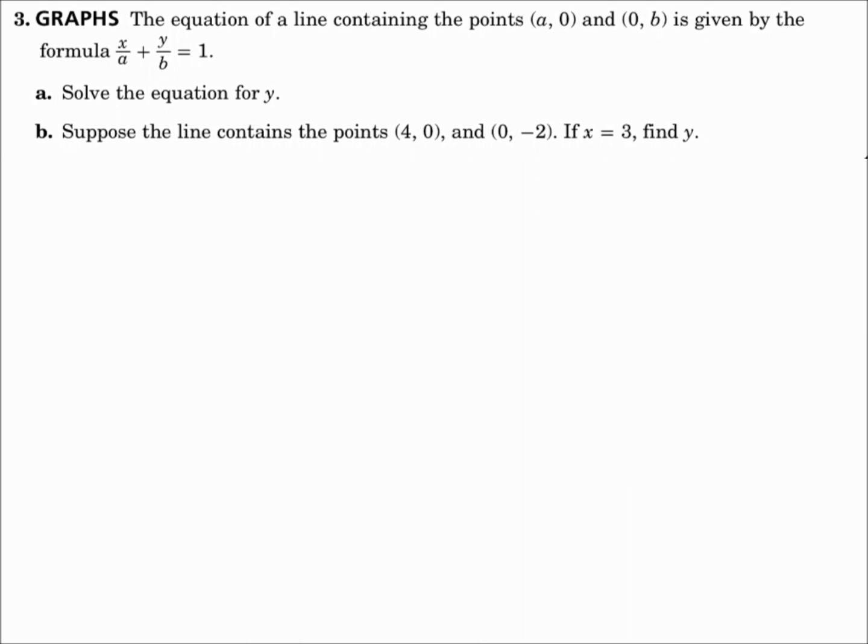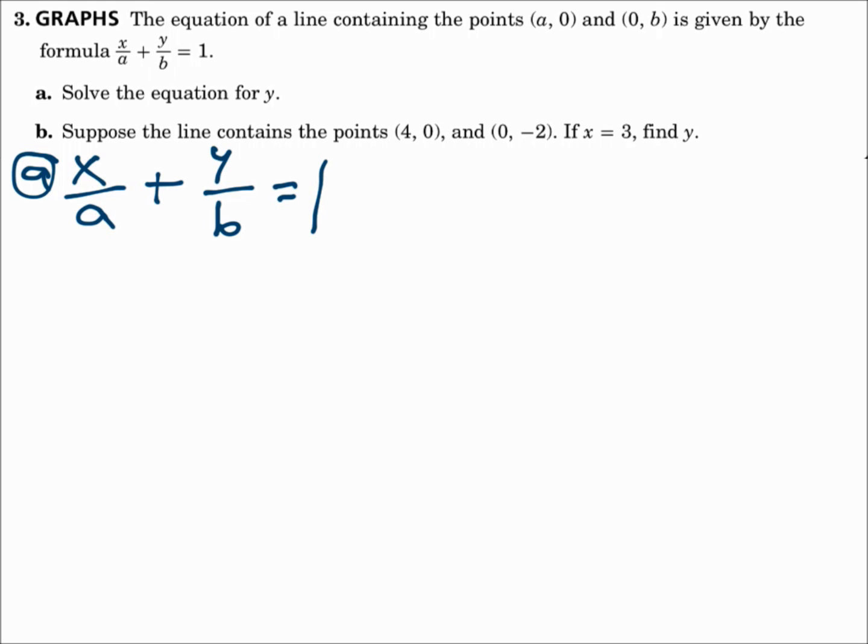Number 3. The equation of a line containing the points a, 0 and 0, b is given by the formula x over a plus y over b equals 1. A. Solve the equation for y. Well, the y's are all on one side.